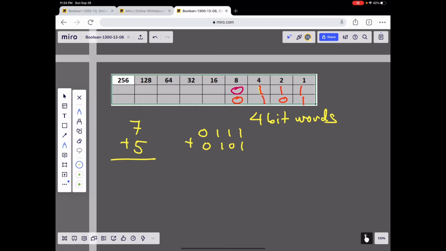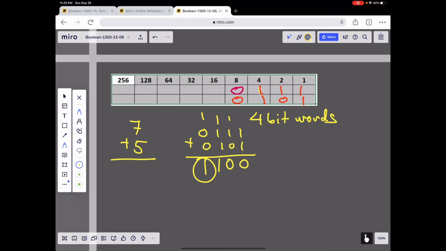And combine this together, you got 1 plus 1 equals 0, carry 1. 1 plus 1 equals 0, carry 1. 1 plus 1 plus 1 equals 1, carry 1. Okay, so the answer is 1, 1, 0, 0. Now you know this is a negative number, right?